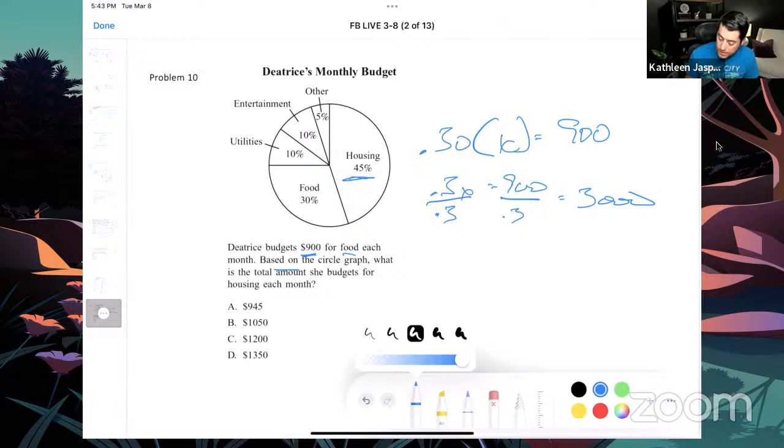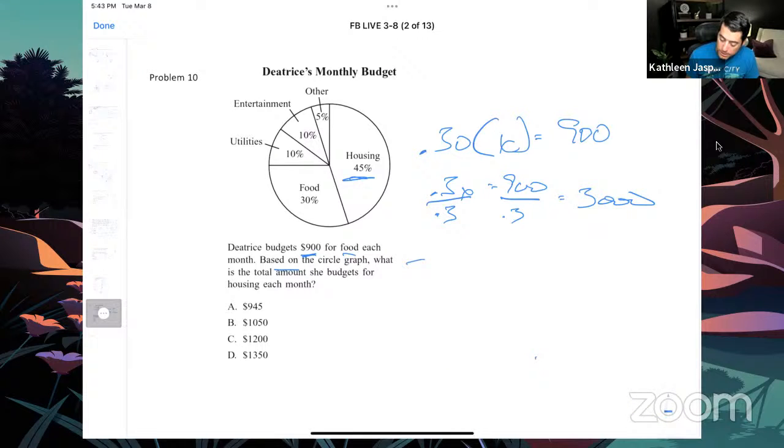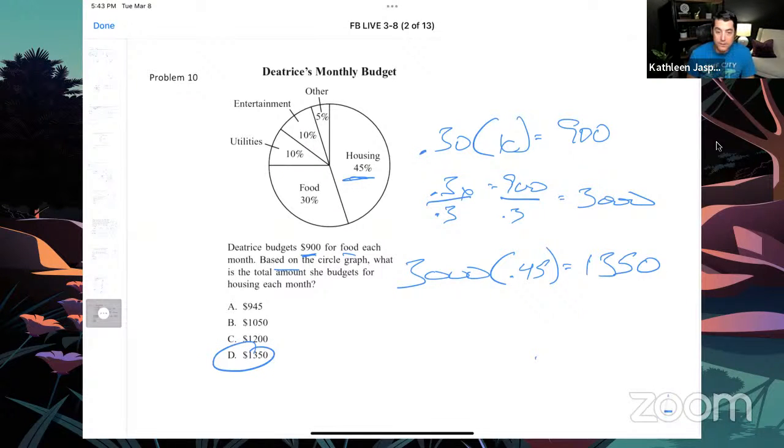Since we already know what the total is, it's $3,000, I can multiply that by 0.45, and it's going to give me $1,350. And you'll see that's D on the answer choice.